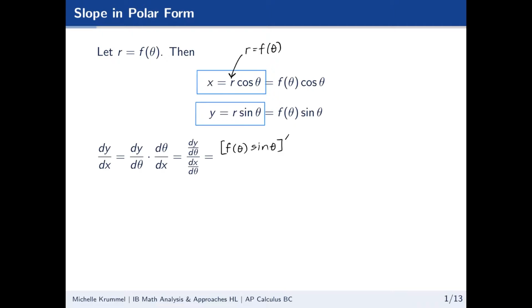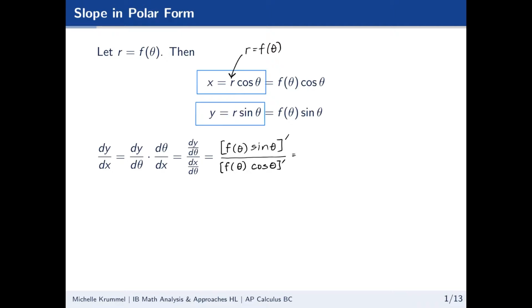And even though I'm using this kind of simplified notation with just the prime, I do mean with respect to theta. And then our dx d theta is just the derivative of this guy right here, which is a function of theta. So f of theta cosine theta prime.